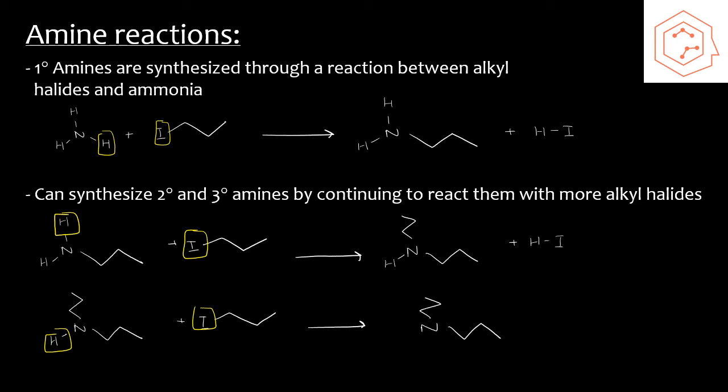Sorry for those squished alkyl groups, but those are going to be our products. So just to recap, ammonia plus an alkyl halide will produce a primary amine. A primary amine plus an alkyl halide produces a secondary amine. And a secondary amine and an alkyl halide will produce our tertiary amines.